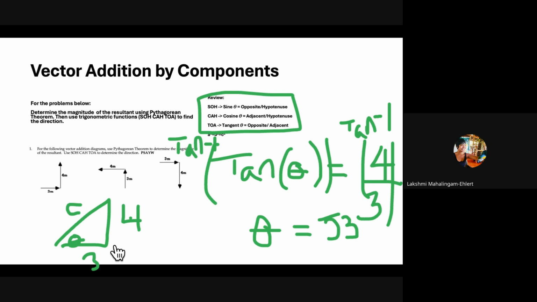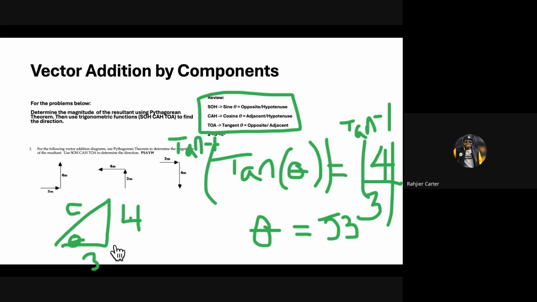Did you do 4 divided by 3 first before pressing the tan? 4 divided by 3, not 3 divided by 4. Yeah, 4 divided by 3, tan^-1 is 71.56. And your calculator is in degrees still, right? You press TAN, not TANH, right?